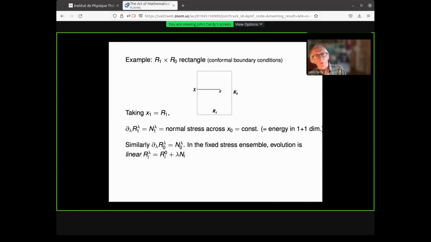We can either think about this in terms of space and imaginary time, or we can think of it from the Euclidean point of view, where R0 and R1 are both spatial coordinates. And from that point of view, we're just talking about stress and strain.